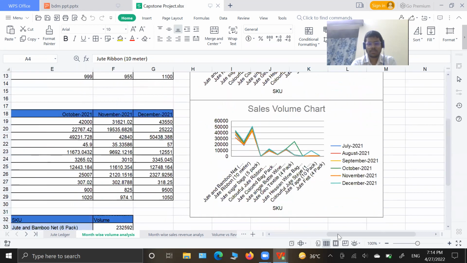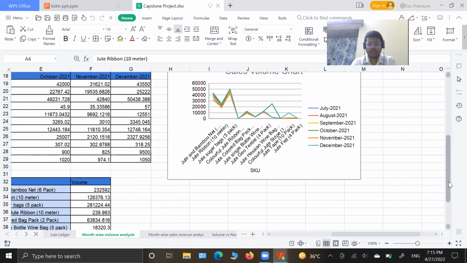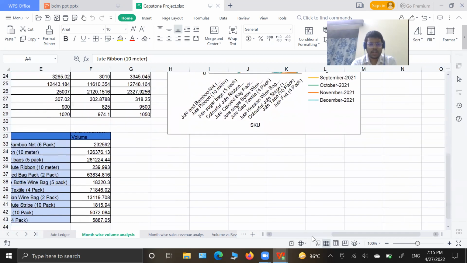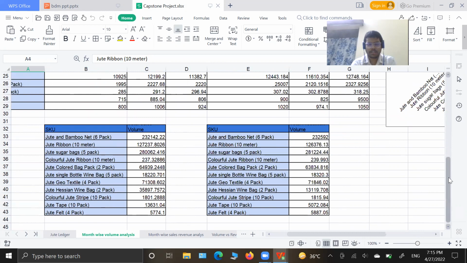Then I also did a sales volume chart of the products, as you can see here. Then I also made a table of the total volume of each product.